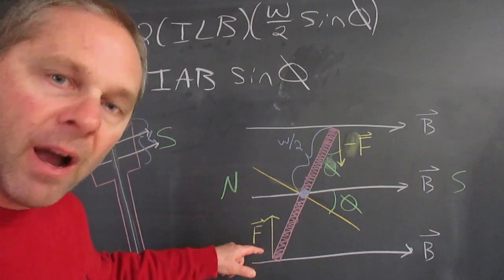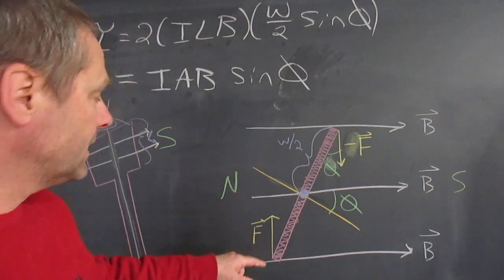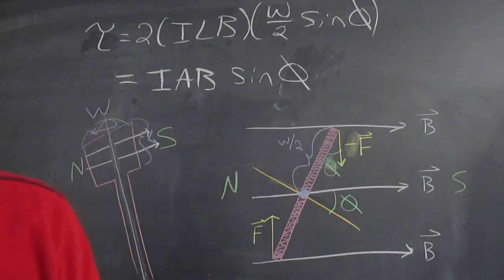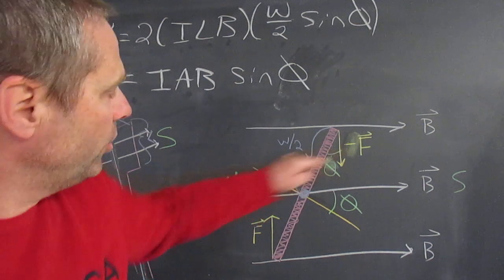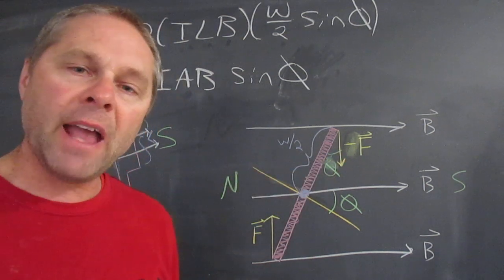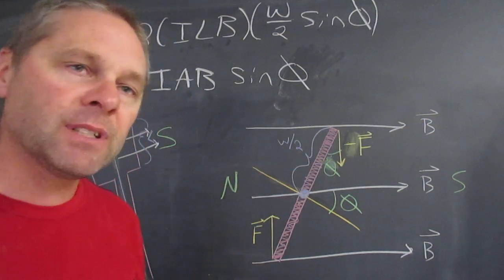This is going to be our positive force because this is in the positive y direction. The two forces here are going to be equal in magnitude, but opposite in direction.